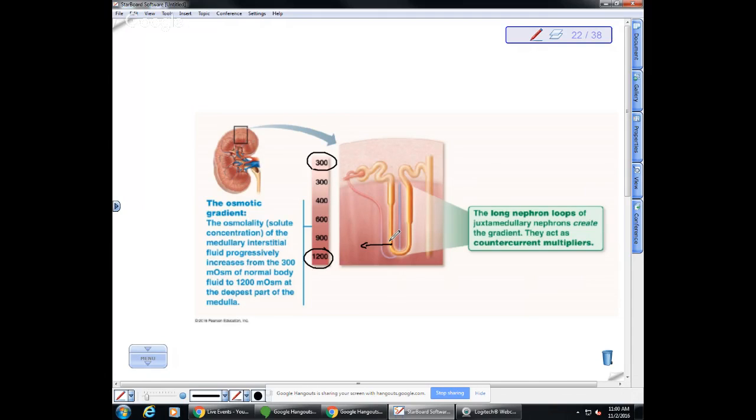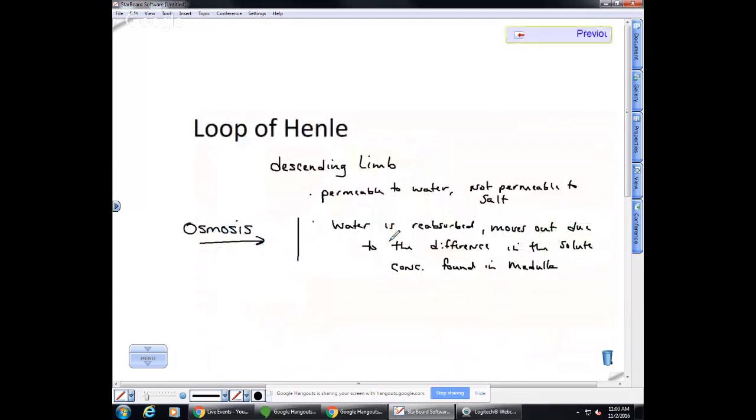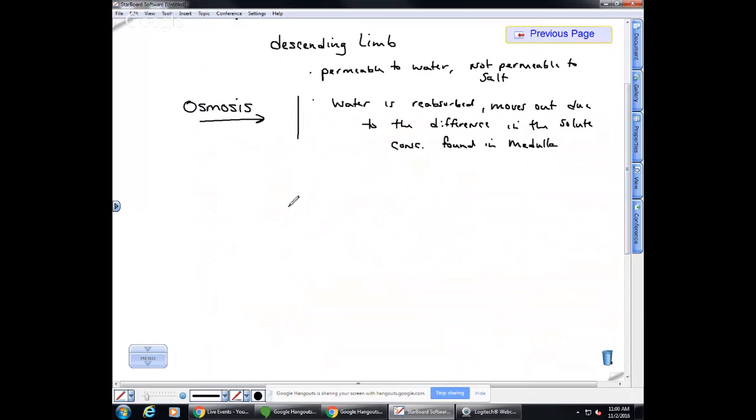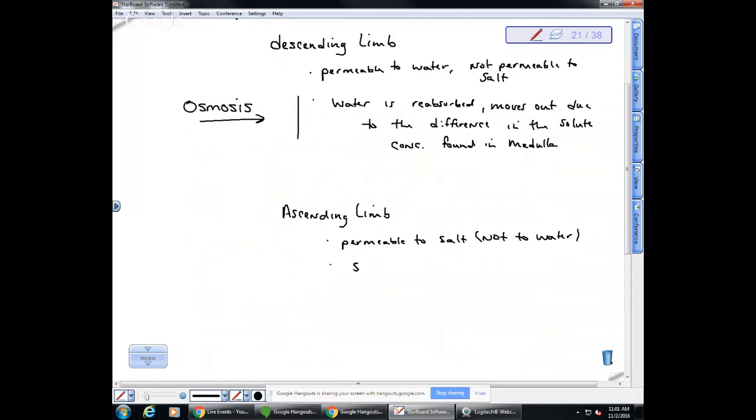So that is as opposed to the ascending limb. This is permeable to salt, not to water. So salt gets pumped out. And this takes energy.